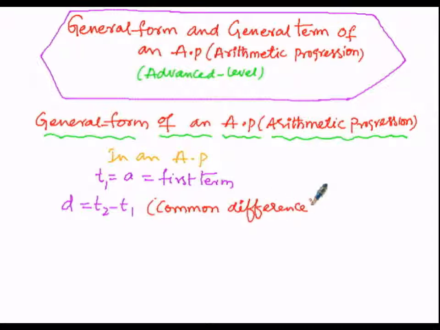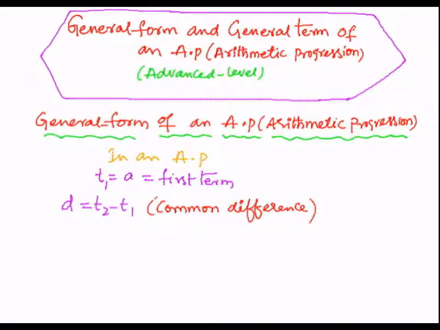So here an arithmetic progression can be formed by adding the common difference to each and every term. The common difference must be added to each term to get the next, that is the succeeding term.